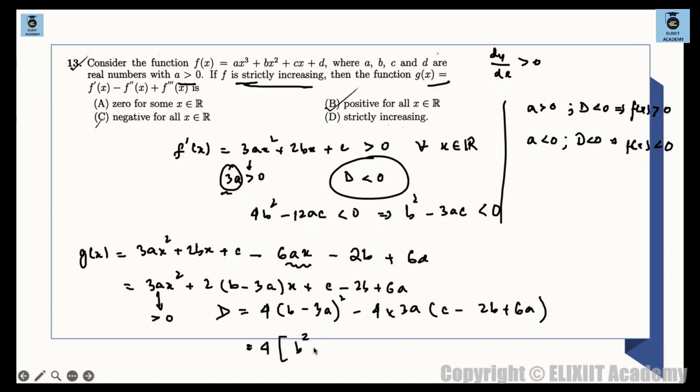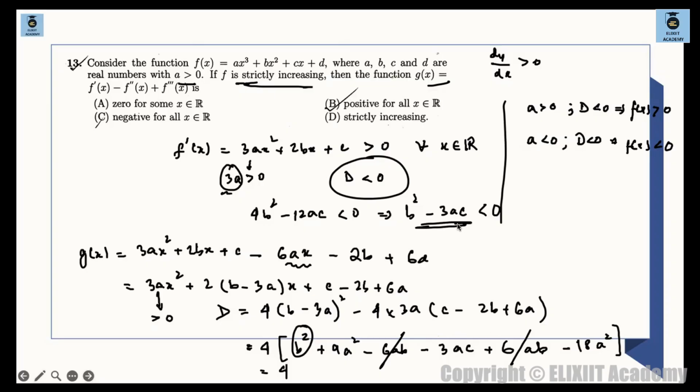So this is b square plus 9a square minus 6ab if we break this. और फिर यहाँ पे minus 3ac है and minus minus plus, since we have taken 4 common, plus 6ab or minus 18a square. ठीक है, तो this plus 6ab and minus 6ab will cancel out. So we are left with 4 times of यहाँ पे देखो b square minus 3ac we are getting.